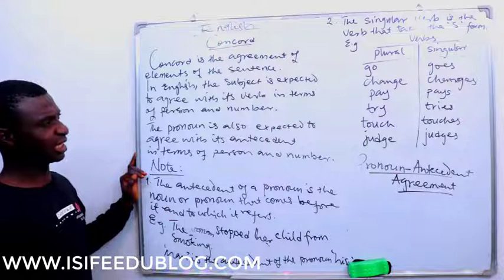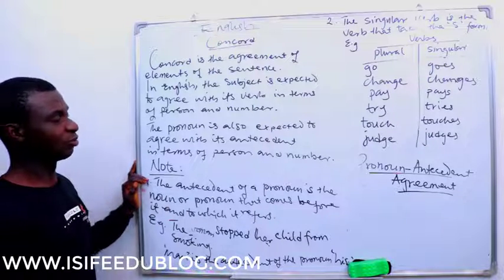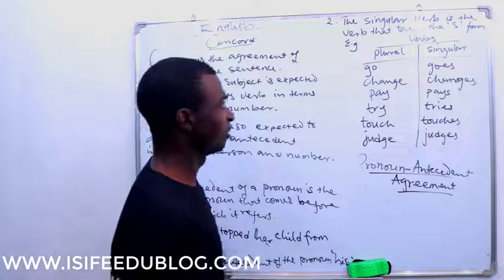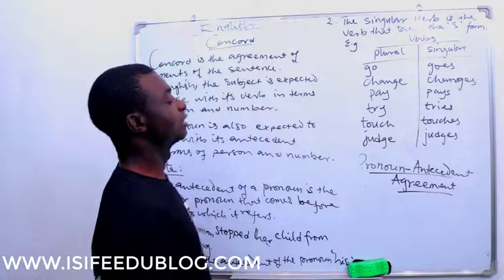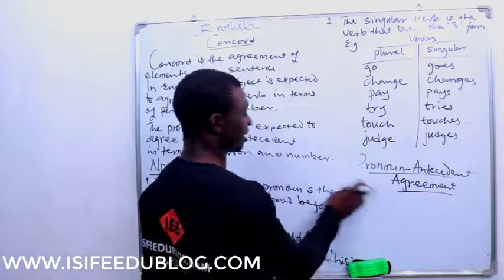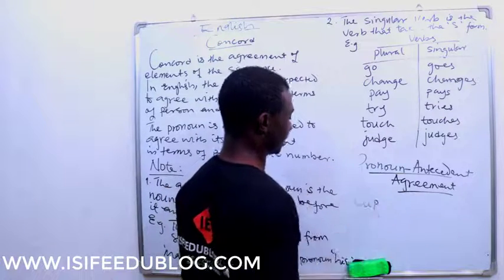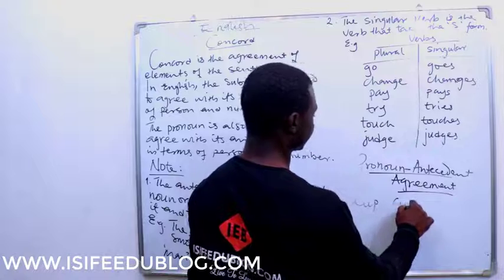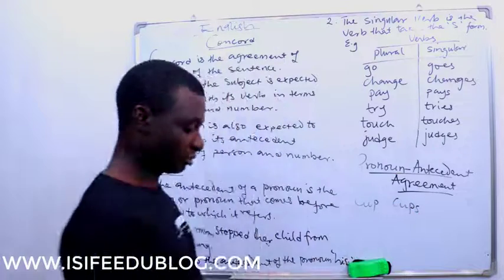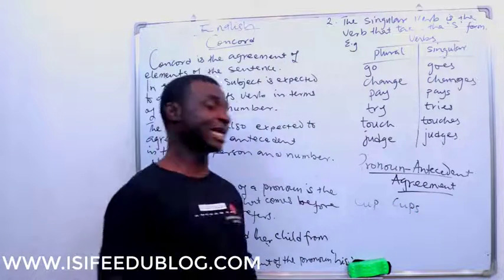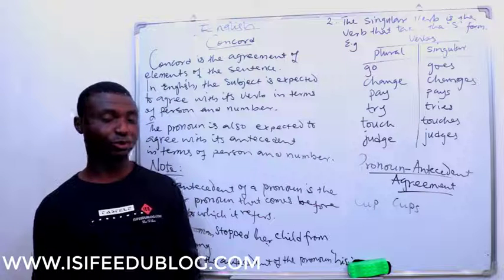Now, there's something else we have to look at, which is verb forms. The singular form of a noun, let's say cap. Cap is singular. The plural form is caps. So the noun that takes the S form is the plural noun.